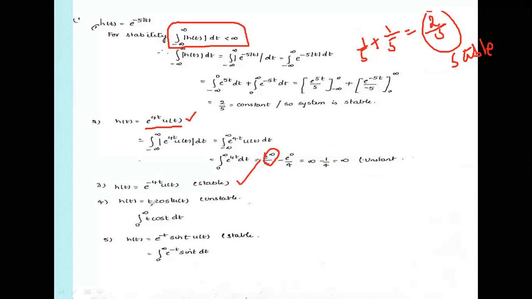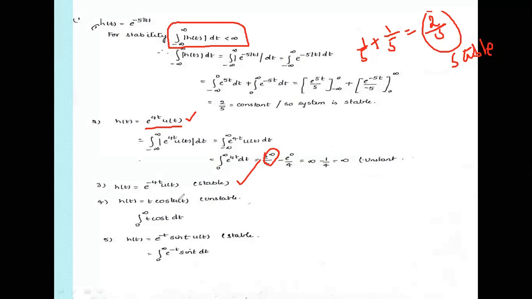Okay. And t into cos t mu of t. Definitely this is an unstable system only. And e power minus t sin t mu of t is a stable system, by using the h of t.